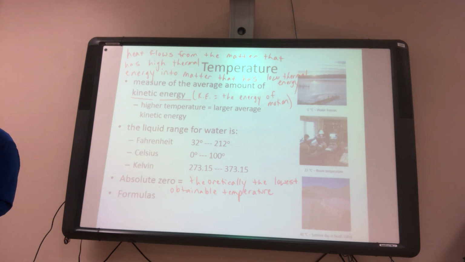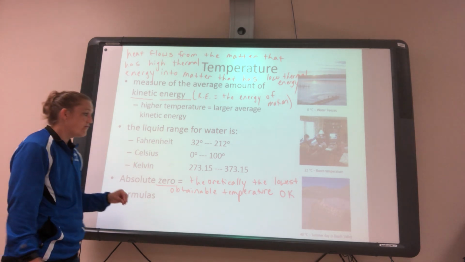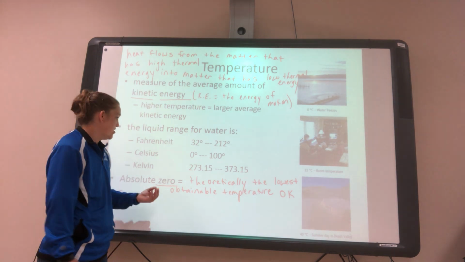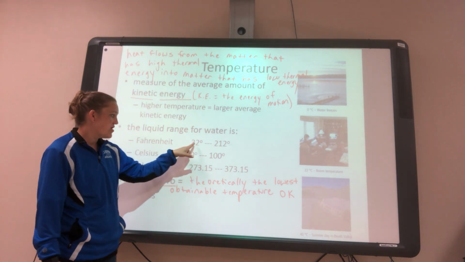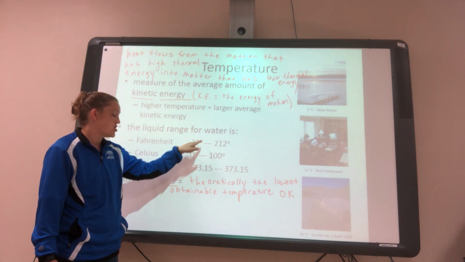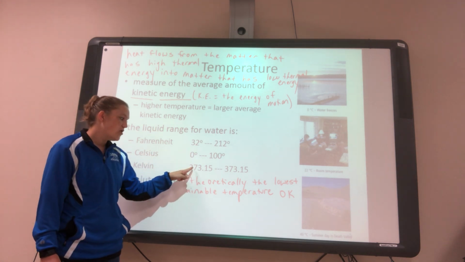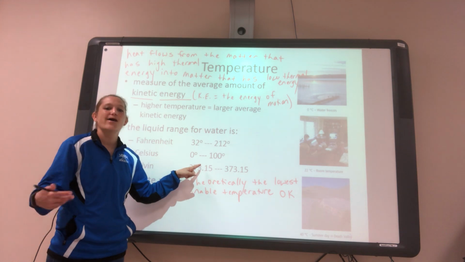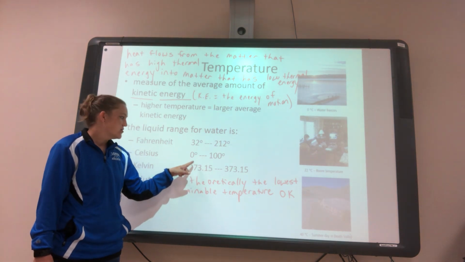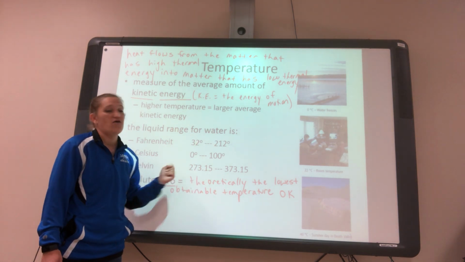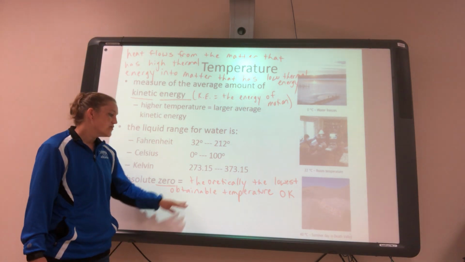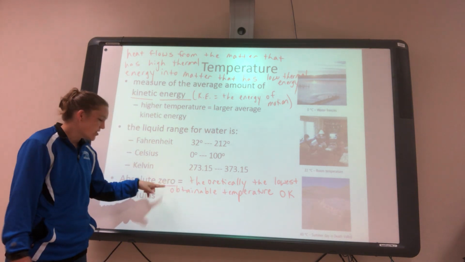And so we call it absolute 0 because it's measured in 0 Kelvin. Now if you notice I said 0 Kelvin, I didn't say 0 degrees. Here for Fahrenheit we have the degree symbol, so 32 degrees. Celsius is 0 degrees, but Kelvin is just 273.15 kelvins, is what you would say. So this would be degrees, degrees, kelvins. So our lowest obtainable temperature would be 0 Kelvin.